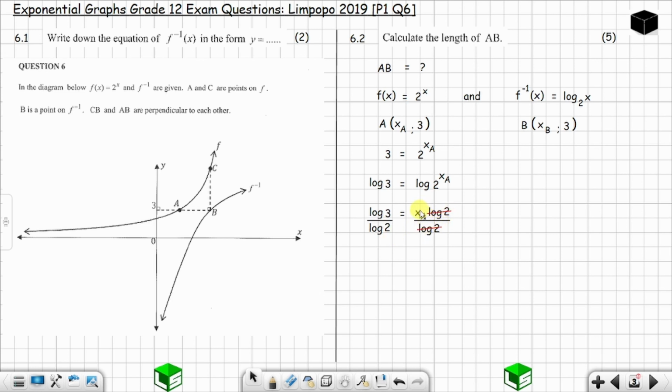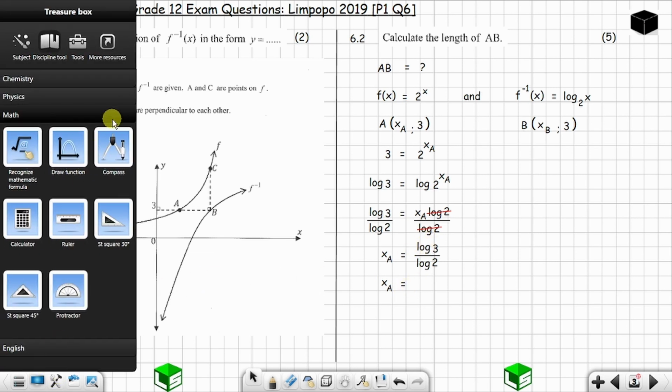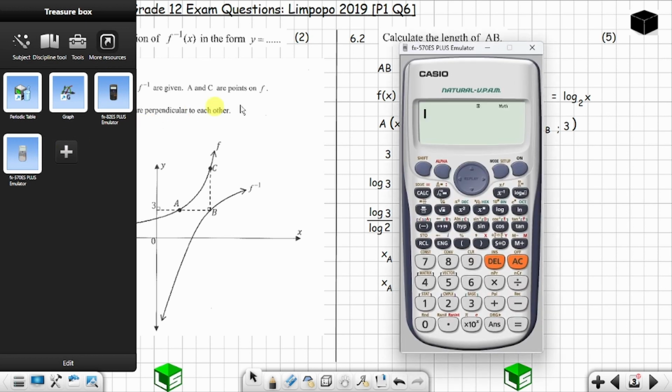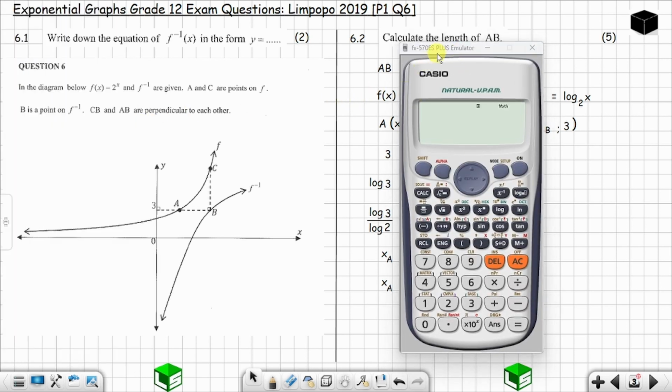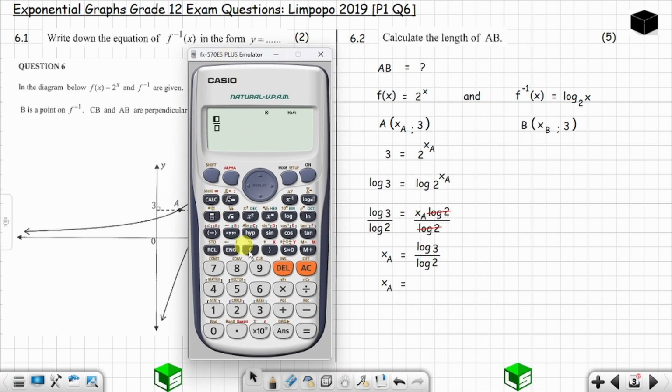Now you have x sub A, the x coordinate of A, equal to log of 3 over log of 2. Let's use the calculator to get this.